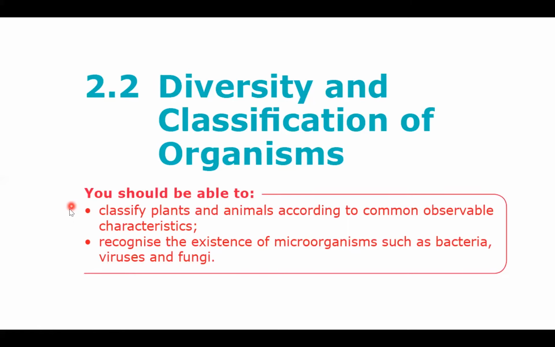For objective number 1, in this lesson, we are going to teach you about how plants are classified. In other words, how plants are grouped according to their type. And also, you are going to learn about how microorganisms are classified. Microorganisms are classified into 3 different types or classes: bacteria, viruses, and fungi. So those are the 2 lesson objectives.